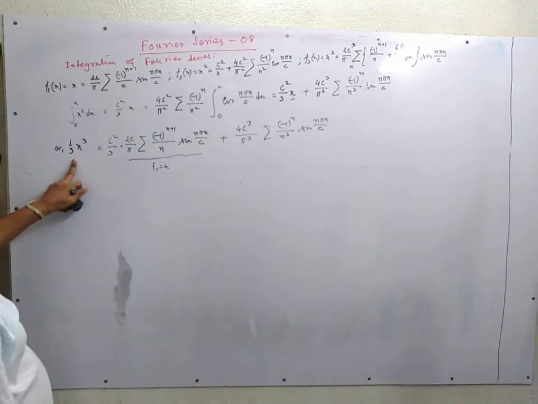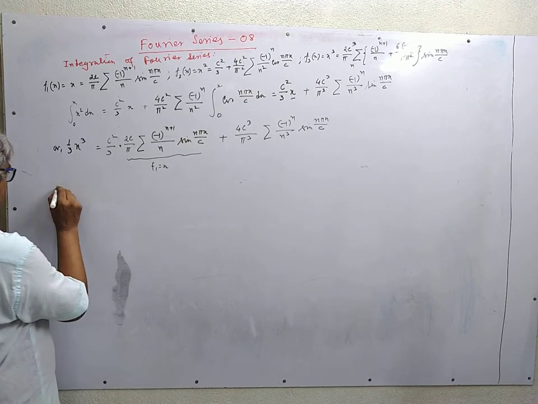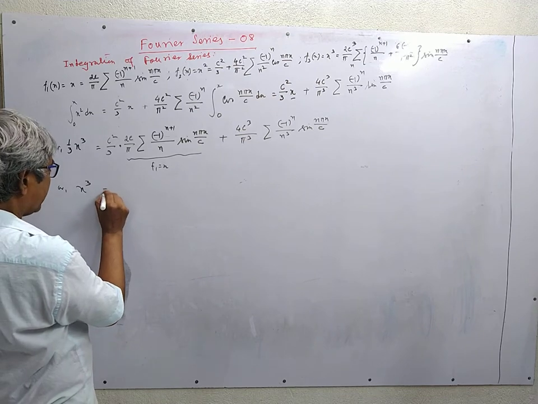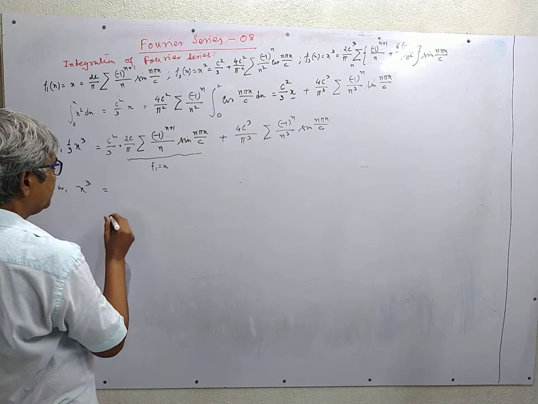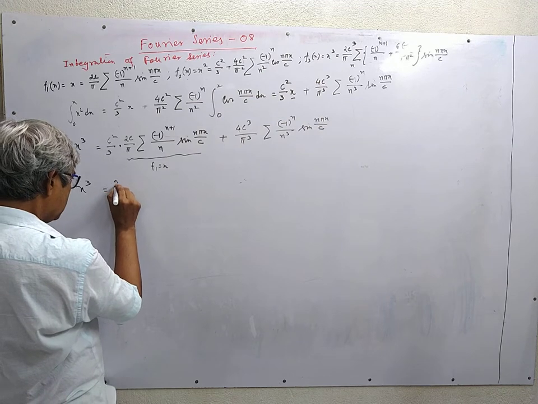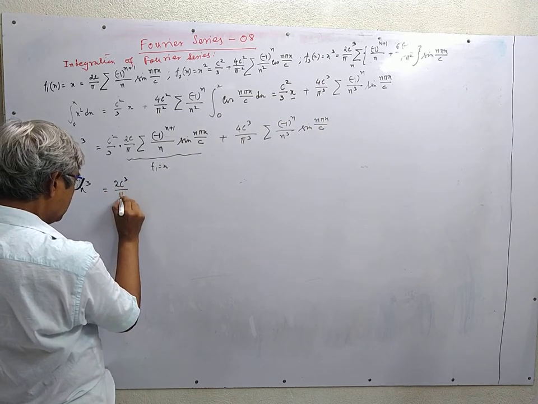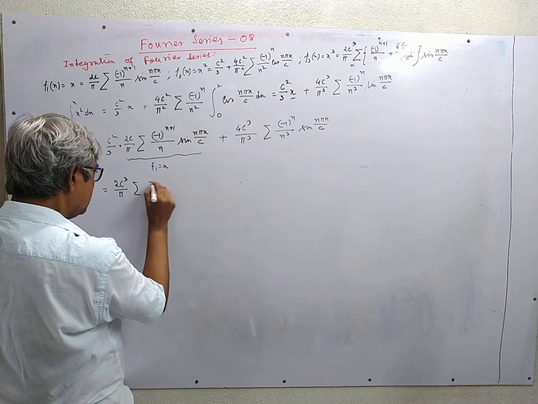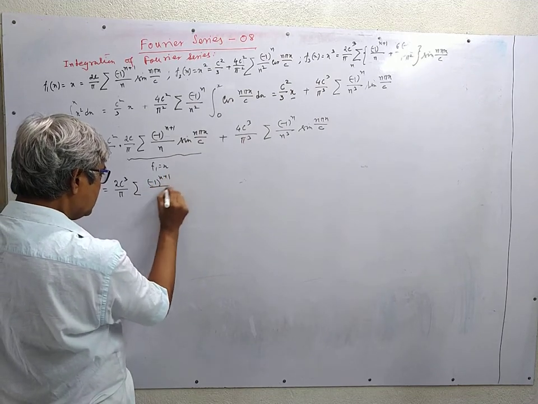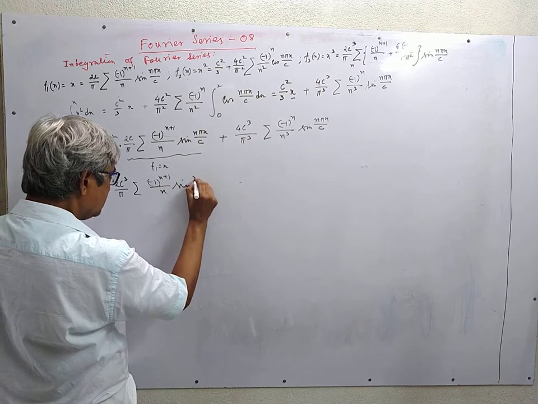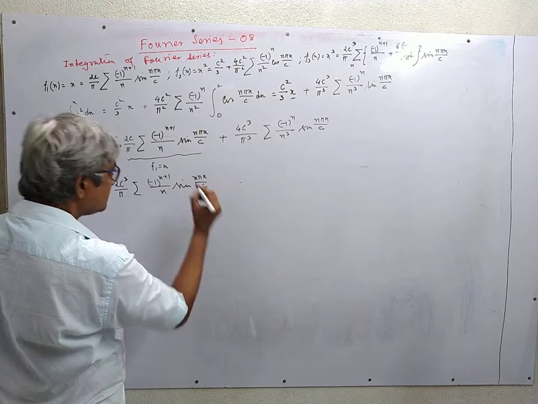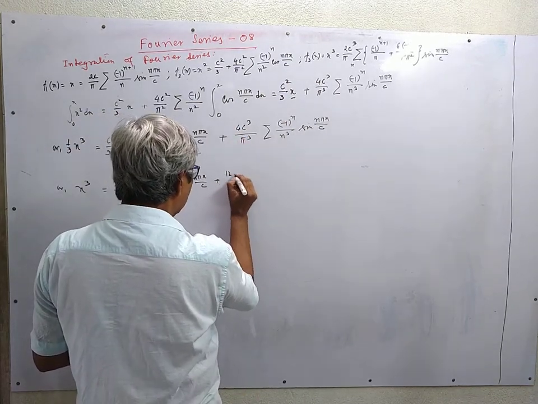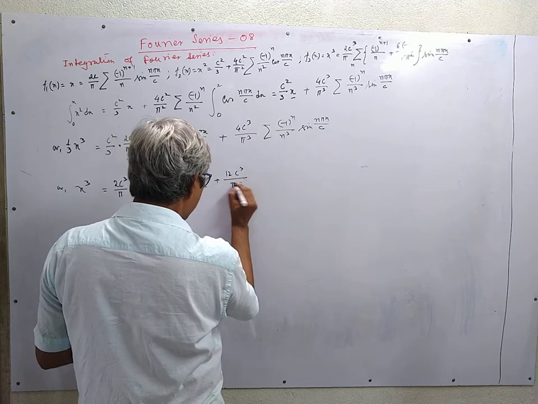If we multiply this all through by 3, we will have x cube on the left, and on the right hand side we will have 2c cube by pi, and if we multiply this by 3, it will be 12c cube by pi cube.